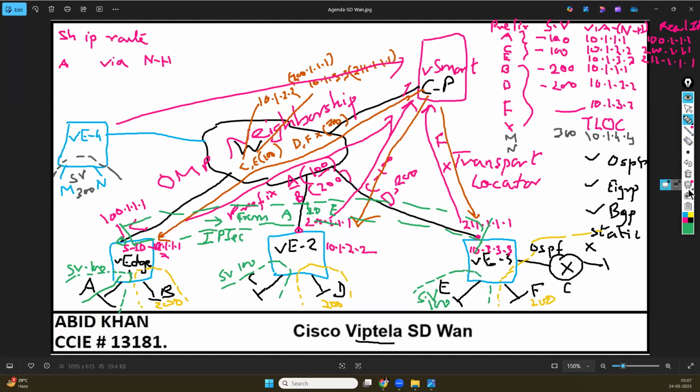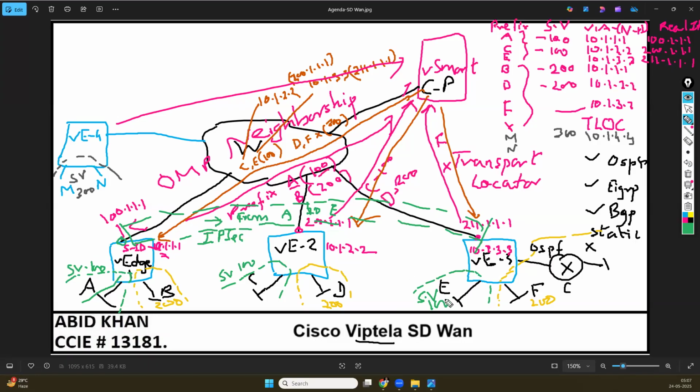Let me generate a packet for you guys. When a user in A is trying to access a user in E, let's say the user in A is doing telnet to some server in E, or it is doing a ping. It's simple.